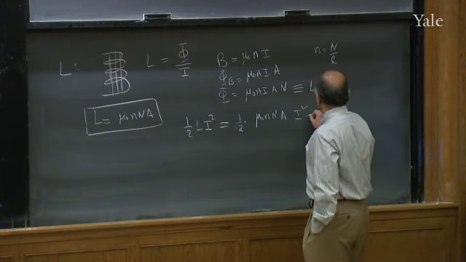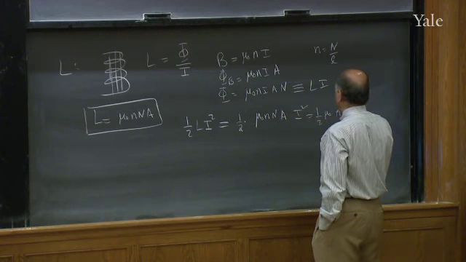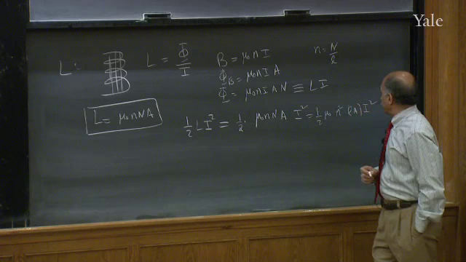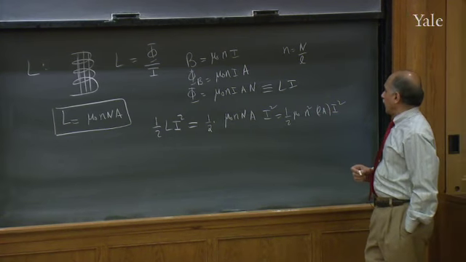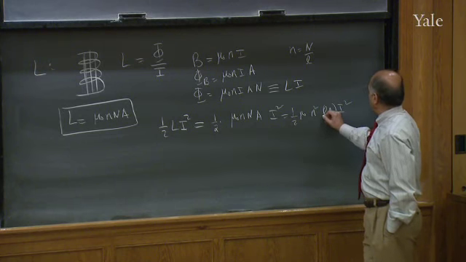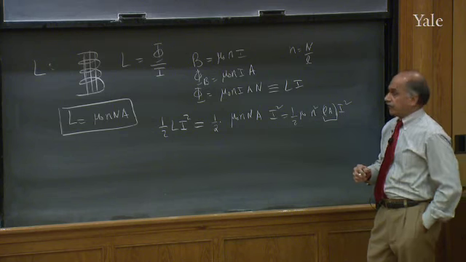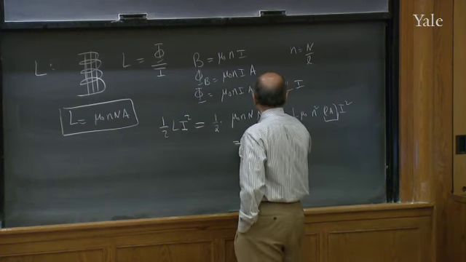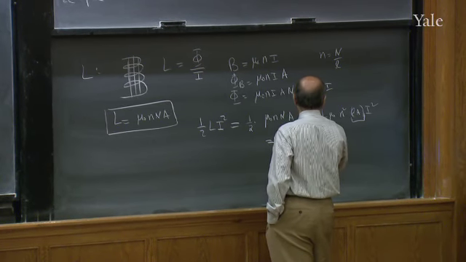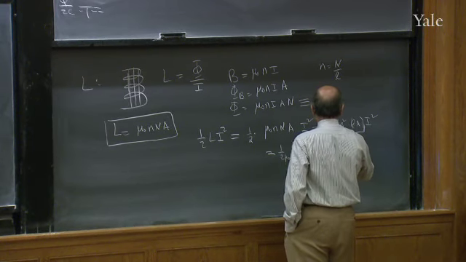So let me rewrite that as 1/2 mu 0 n squared times L A times I squared. In other words, I've written, using this formula, little n as big N over L. L times A is the volume in which there is a magnetic field. So this looks like 1 over 2 mu 0 times mu 0 n I whole squared times L times A.